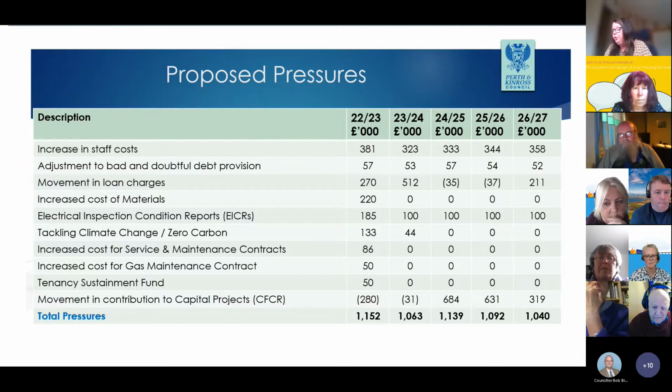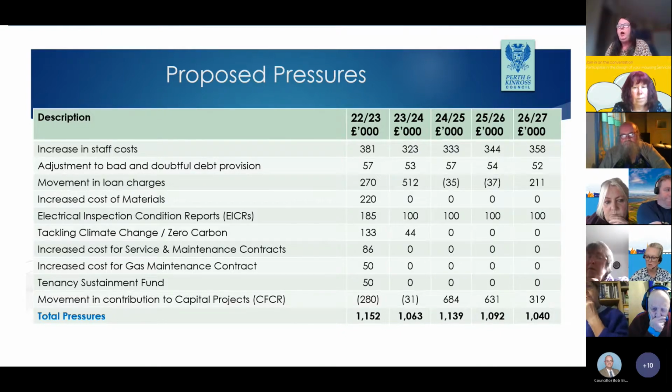But what it does include is an increase in employers' national insurance contributions, which comes into effect from the 1st of April 2022. An adjustment to our bad and doubtful debt provision, and as I said, I covered this in the pre-conference presentation. Basically, that is directly attributable to and linked to our rent arrears levels, and we try to set our bad and doubtful debt provision within 5% of the total income that we're due to bring in.